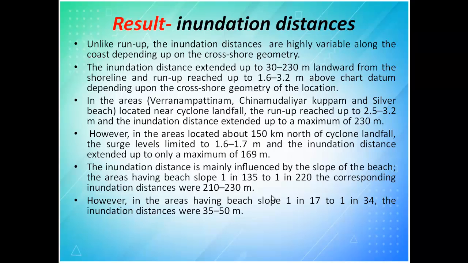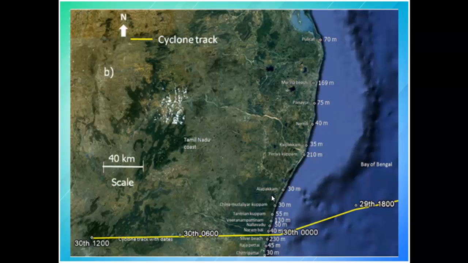If the slope is very gradual, then the effect is less. If the slope is more, you get more effect. That is the conclusion they mean to say. So wherever the slope is more, you get more.